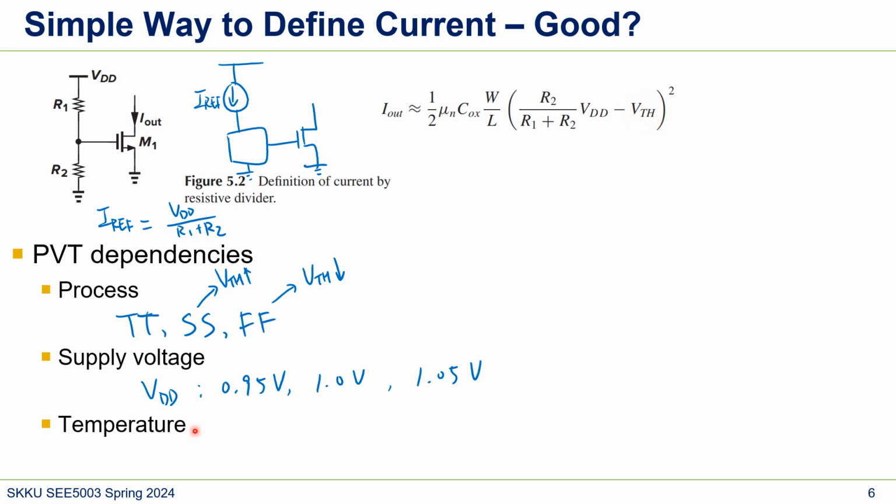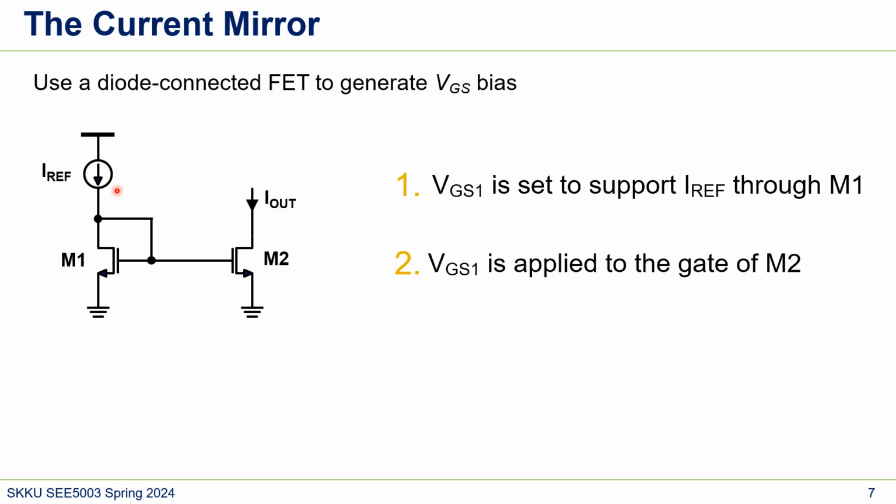But the VTH is a key component for that. So if temperature changes, we cannot copy this IREF. So we cannot use this circuit because it's vulnerable to PVT variation. So we need a better circuit to replicate this IREF.